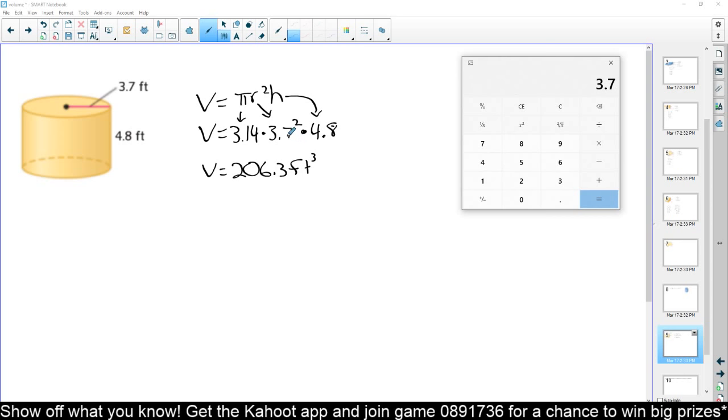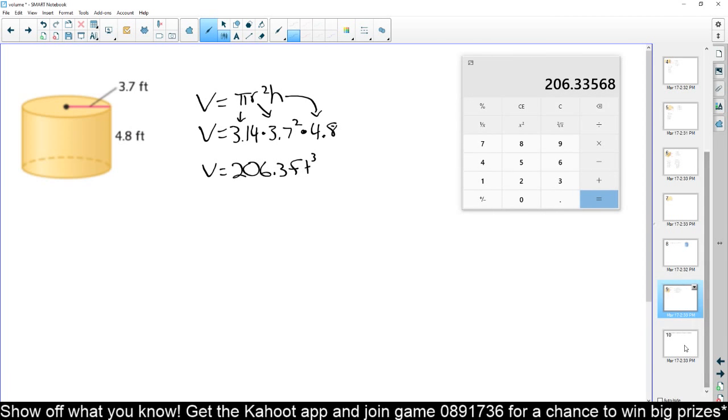Because when you square something, you're just multiplying by that number 2 times. Oh, I didn't clear everything out. Hold on, let's try this again. 3.14 times 3.7, or I missed a decimal point, times 3.7 again, times 4.8. Sure enough, same answer. Doesn't hurt to double check your work.